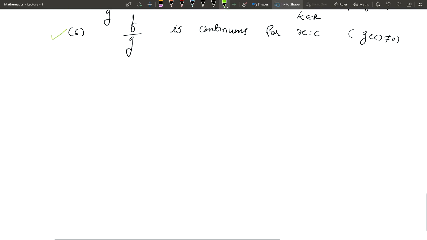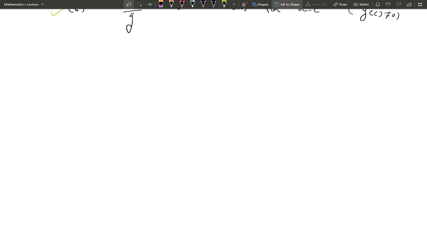Now we take an important topic, continuity of composite function.